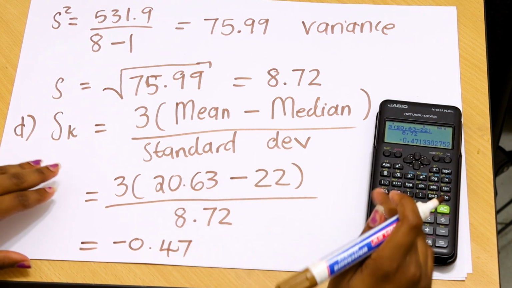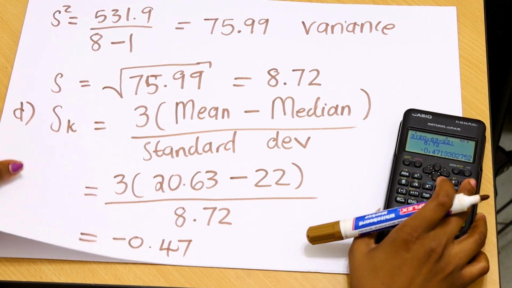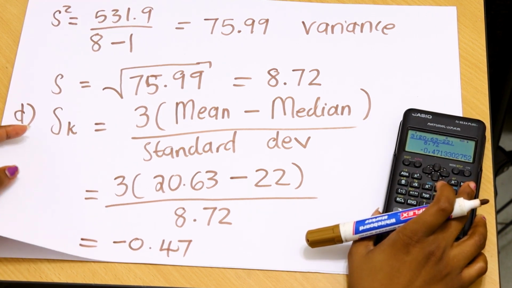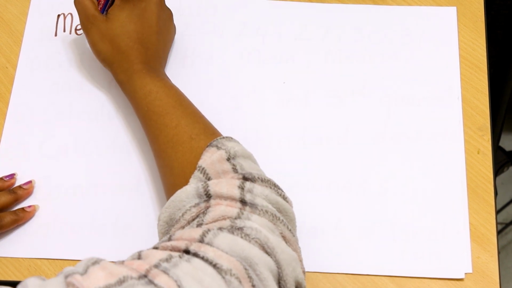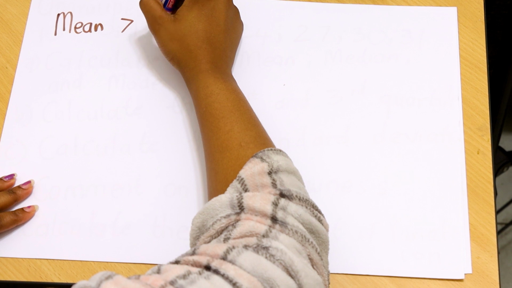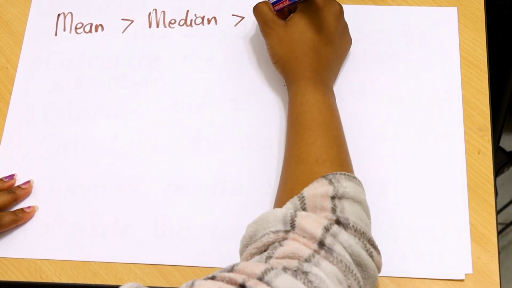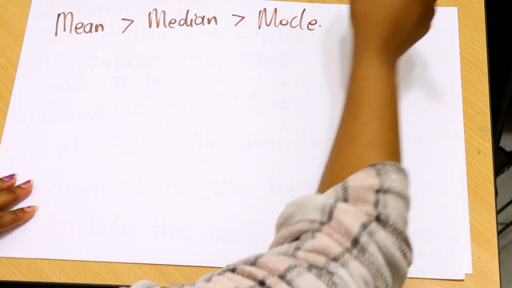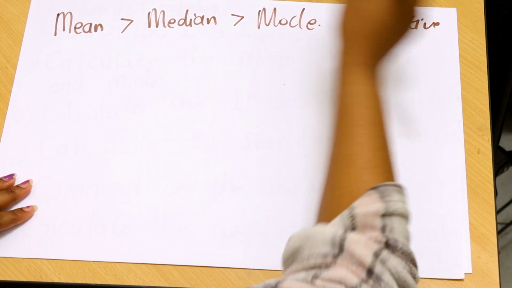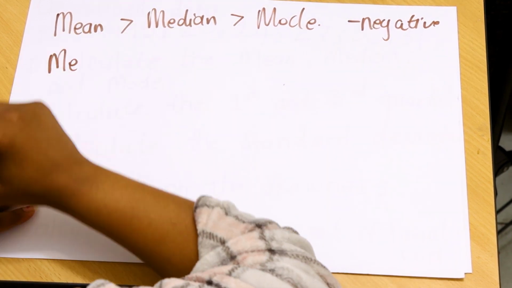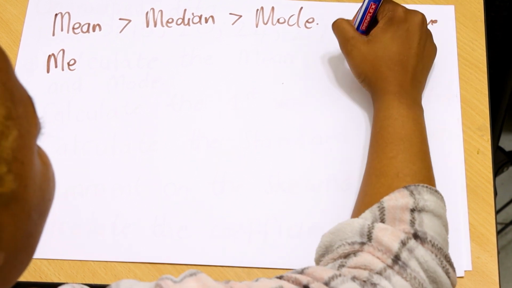Remember, I did explain that if the mean is greater than the median, which is greater than the mode, like this. Sorry, you have positively skewed, not negative.